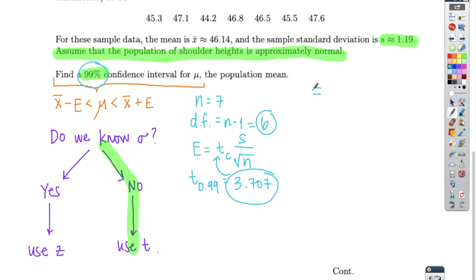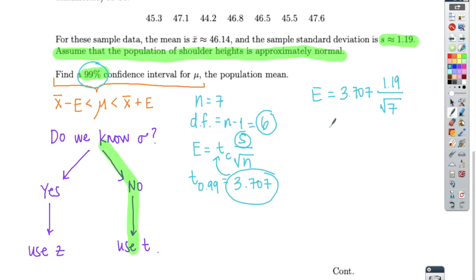So I'm finding the error. I'll start with my critical value for t, which we just found to be 3.707, times the sample standard deviation, which I'm given as 1.19, over the square root of n, the sample size, which is 7. So 3.707 times 1.19 over the square root of 7.